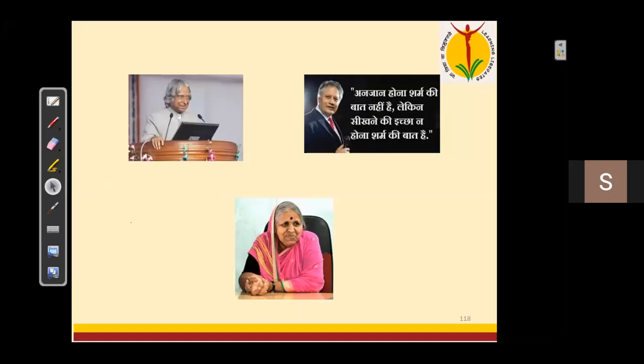These are the motivating people in my life. The first is Dr. APJ Abdul Kalam. When he visited my institute in 2012, he said that research leads to good teaching and good teaching leads to research.